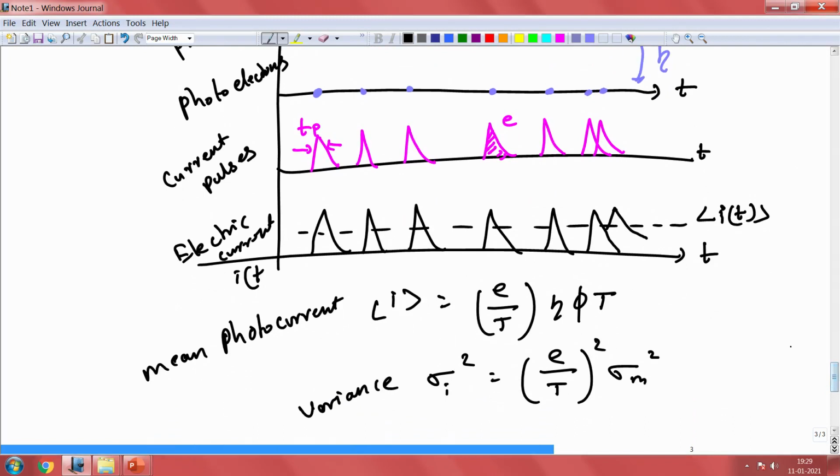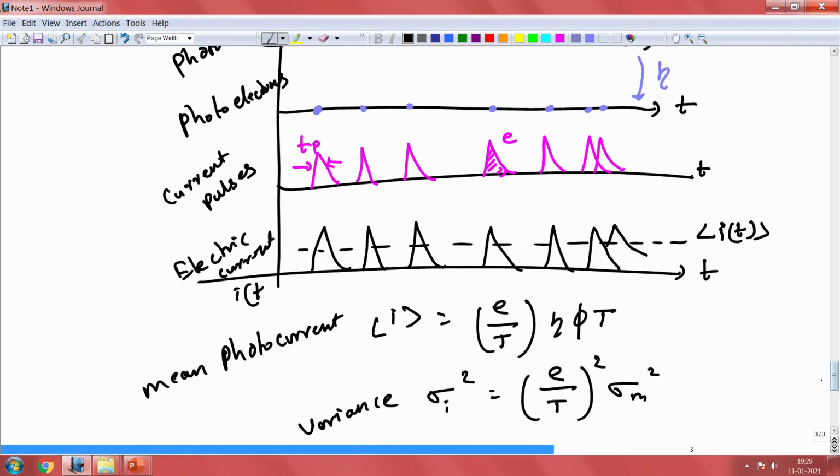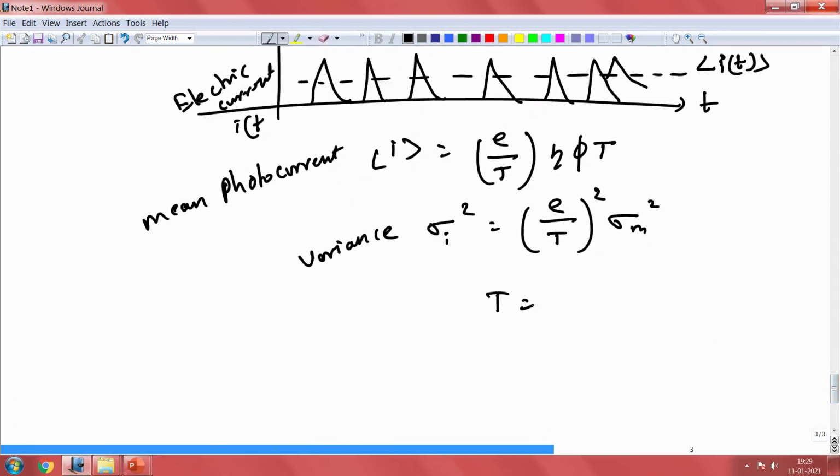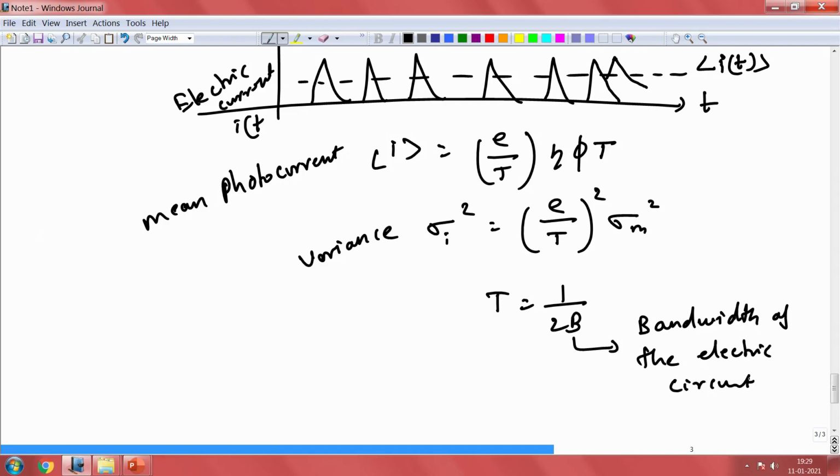And for all practical purposes you can call this T the transient time given by the bandwidth of operation in this case. So, we could call this the bandwidth of the collection circuit. Right.